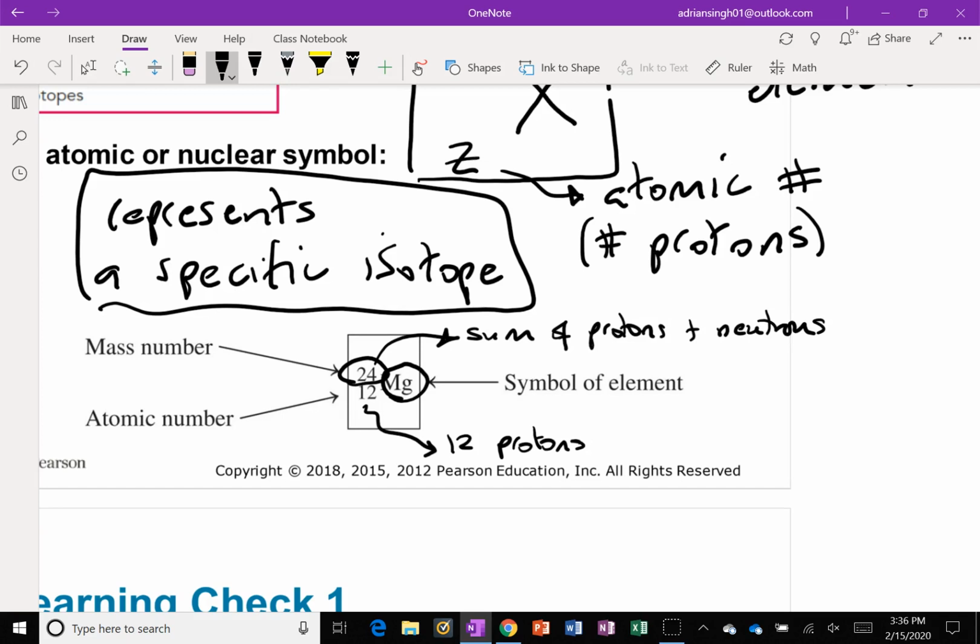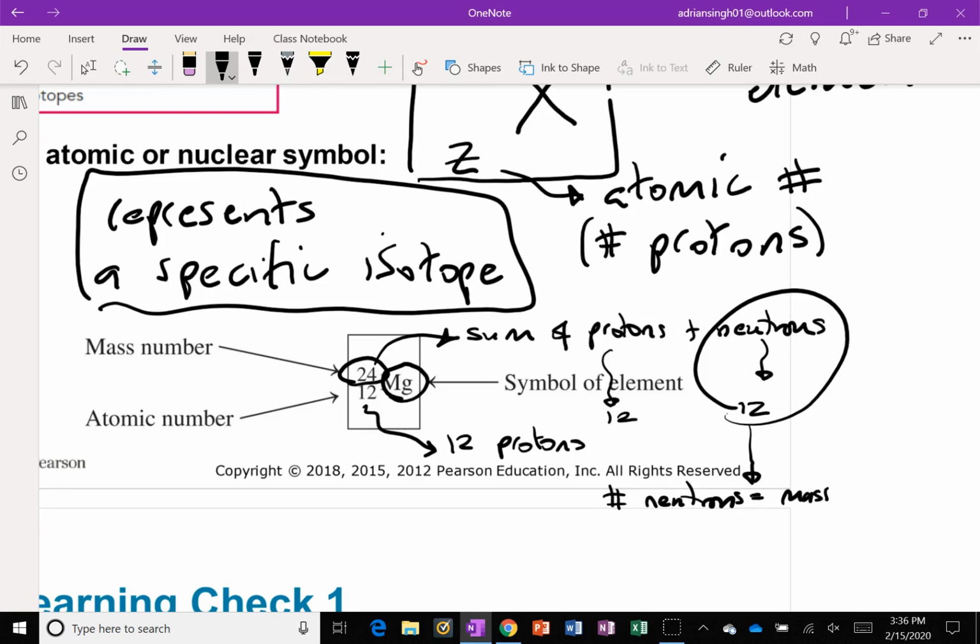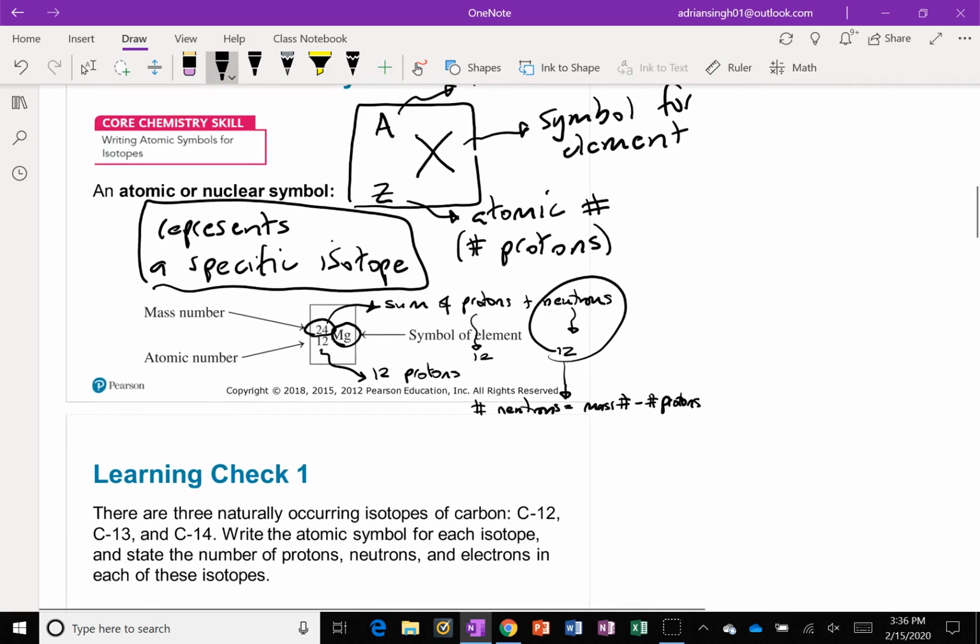Right, so if we have 12 protons, then in order for the mass number to be 24, we're also going to have 12 neutrons, right? The number of neutrons, as we saw in the previous section, is the mass number minus the number of protons. Right, so this is a shortcut way to represent a particular isotope of an element.